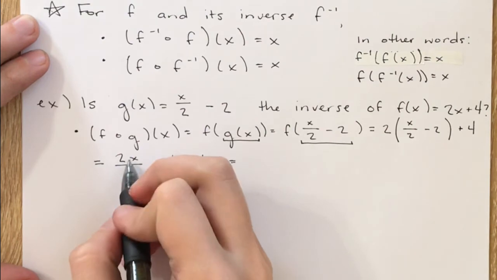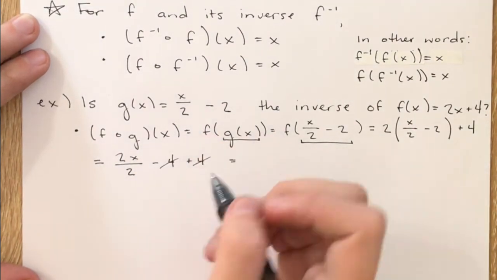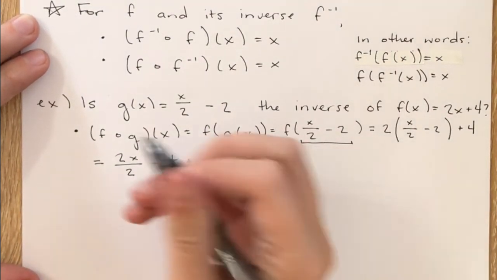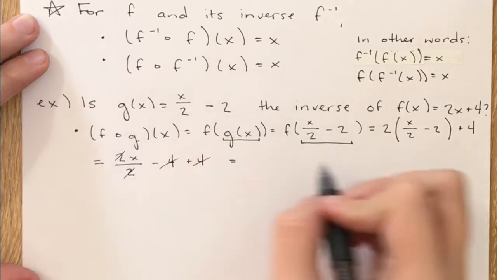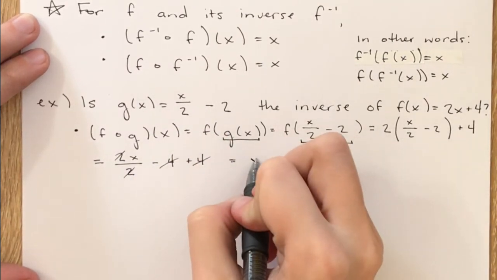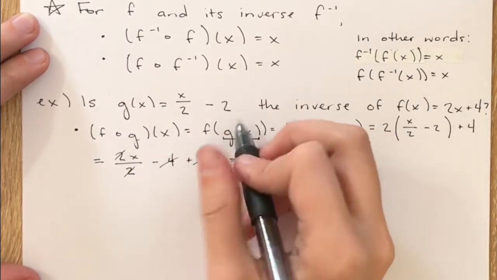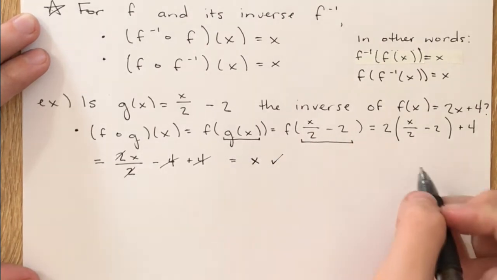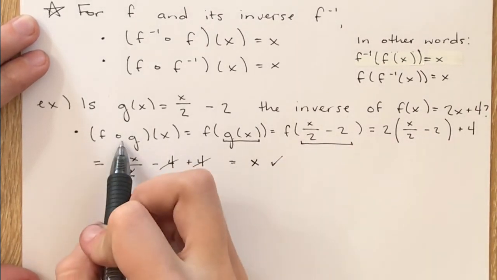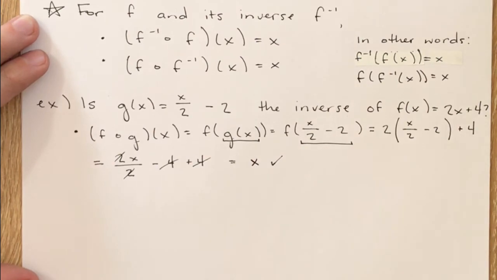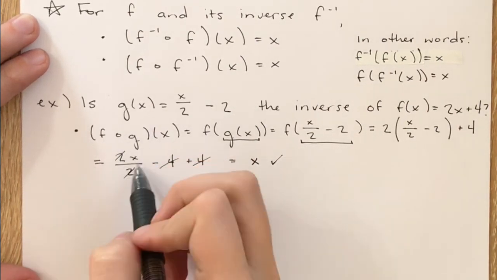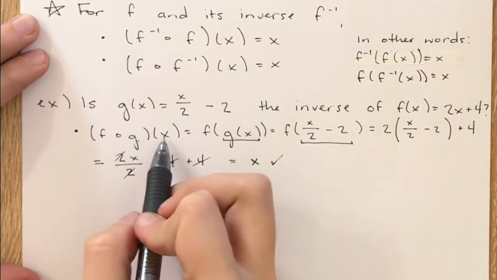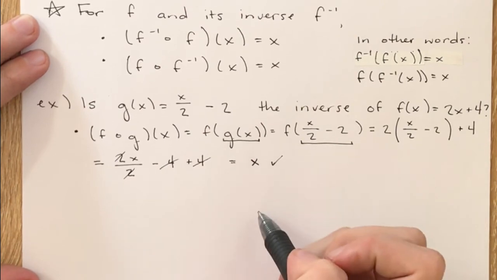Multiplying x by 2 and then dividing x by 2 will undo each other, so these guys also cancel. So we are actually left with just x. So far we know that f of g of x is x.